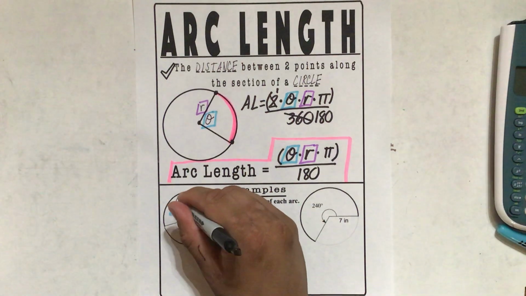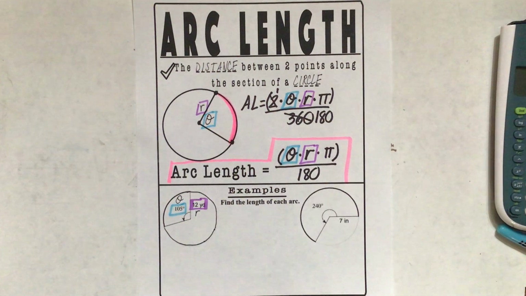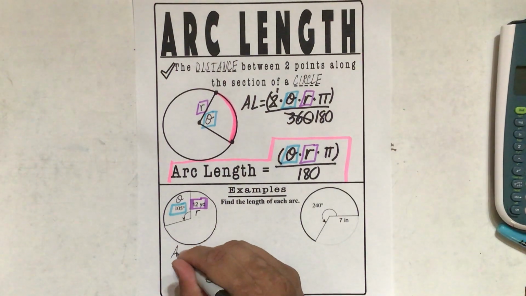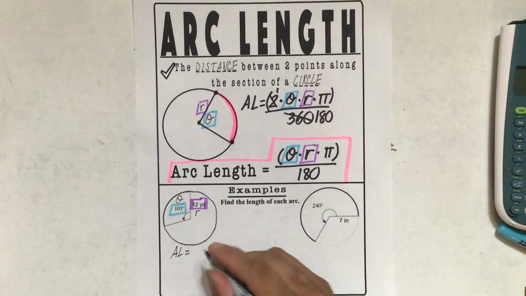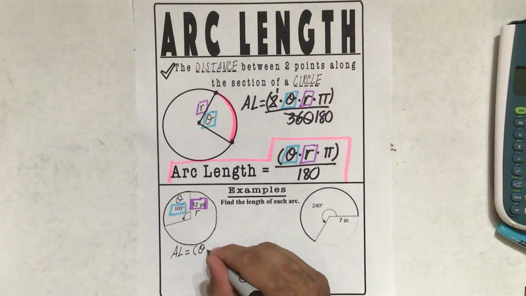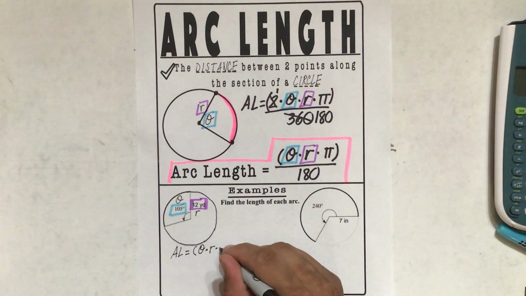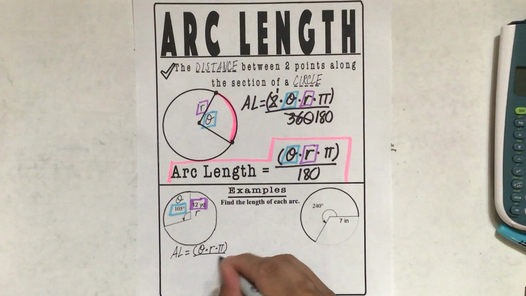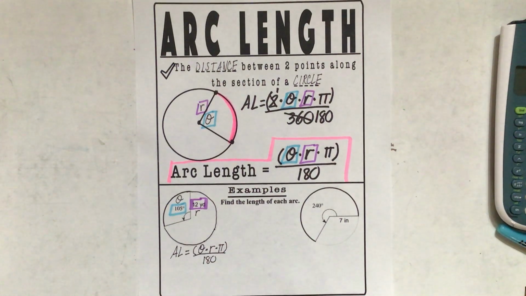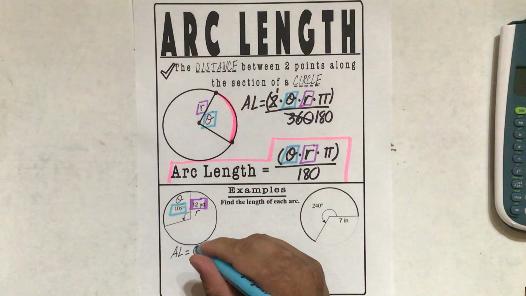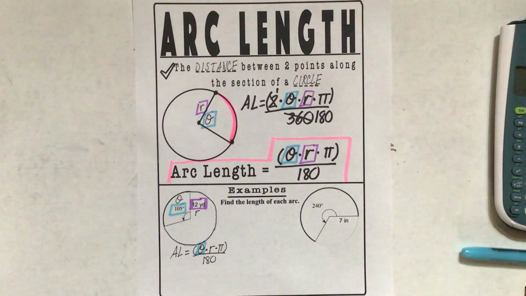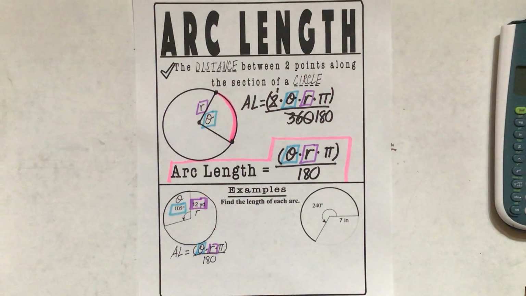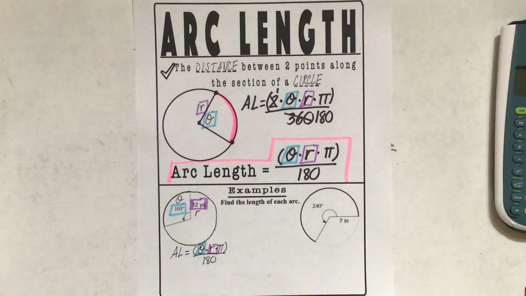So this is my theta, and this is my R. My formula says AL is equal to parentheses theta times R times pi, parentheses, and the whole thing divided by 180. My theta is in blue, my R is in purple.